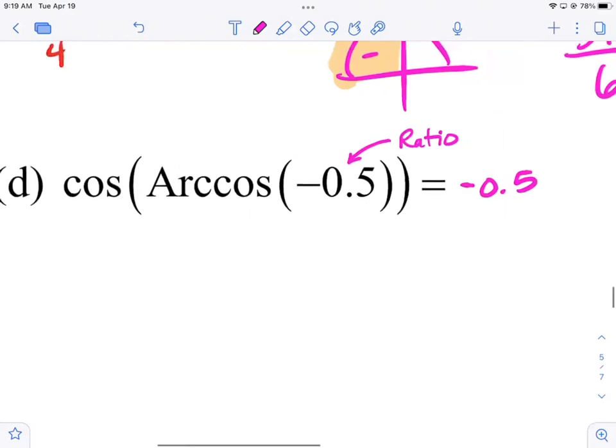You could also work this one out from the inside out without a calculator because we know what the answer is. What is the inverse cosine of -1/2? First of all, is it quadrant 1 or quadrant 2? It's negative, so it's quadrant 2. And it's your π/3 reference angle where the cosine is 1/2.